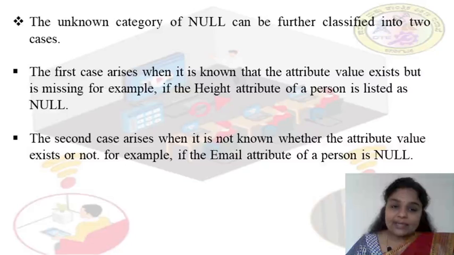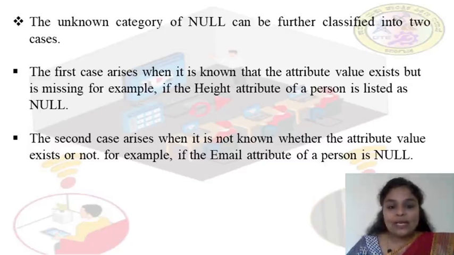The second case arises when it is not known whether the attribute value exists or not. For example, if the email attribute of a person is null, meaning here in the email attribute I'm going to fill it as null if that person doesn't have an email ID. I hope you could make out the difference between the first case and the second case.